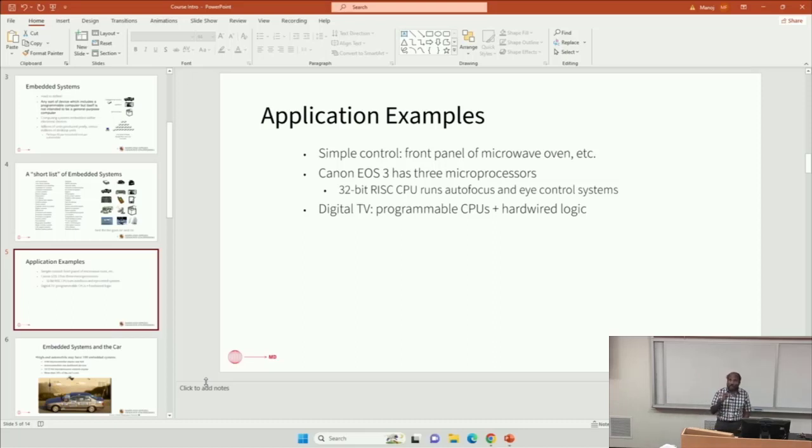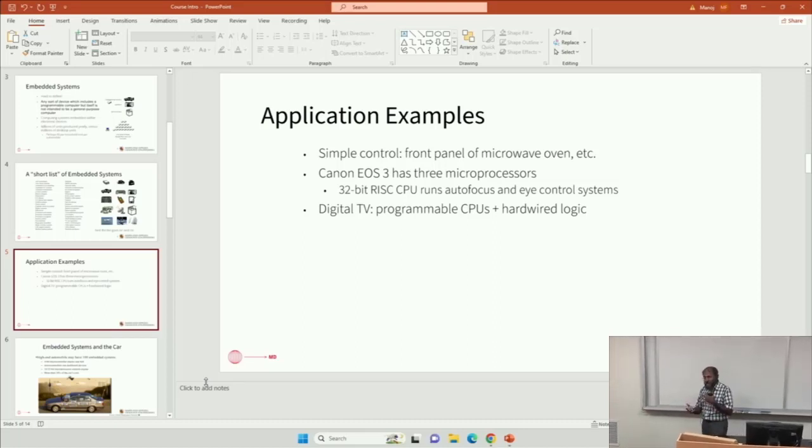So what is an embedded system? An embedded system is one where the primary focus is not computing. Yes, it is doing computing, but it's not the main focus. The main focus is interacting with the environment, getting inputs from sensors, and then making some controlled decisions and making some actuators move, things like that.